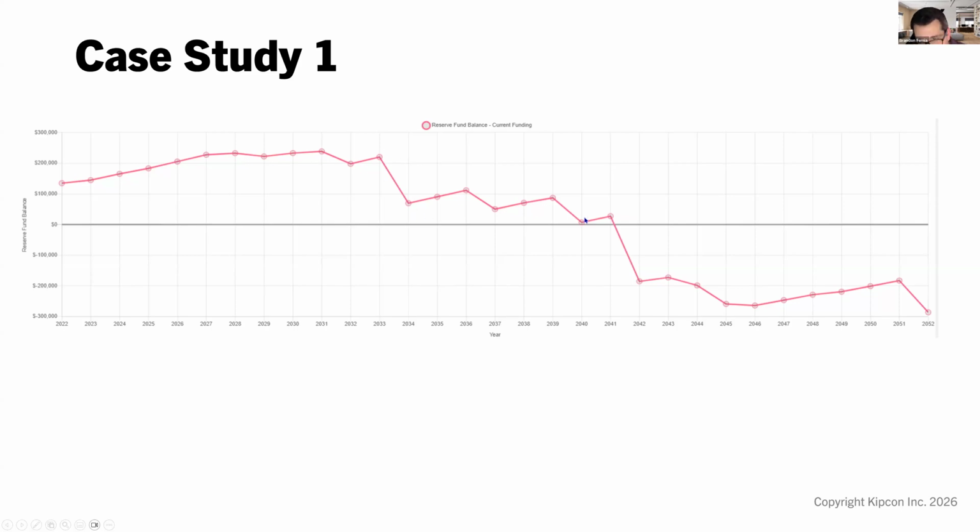And then you can start to see the money dwindle and even go negative in about 16 years, whatever that is, 15 years. So basically this is saying if the association were to continue funding at their current level for the next 30 years, this is what would happen to their fund balance. They drop to negative $250,000, $260,000 in the future, which is obviously not something we want to recommend.